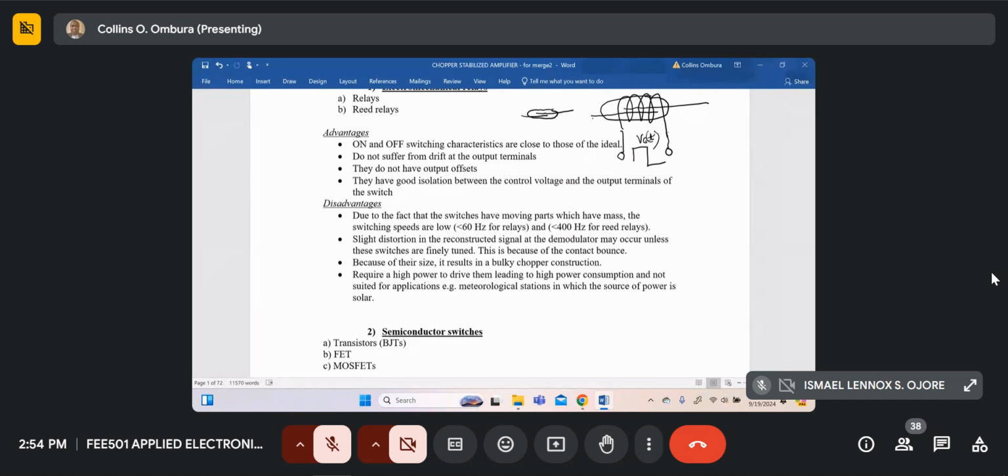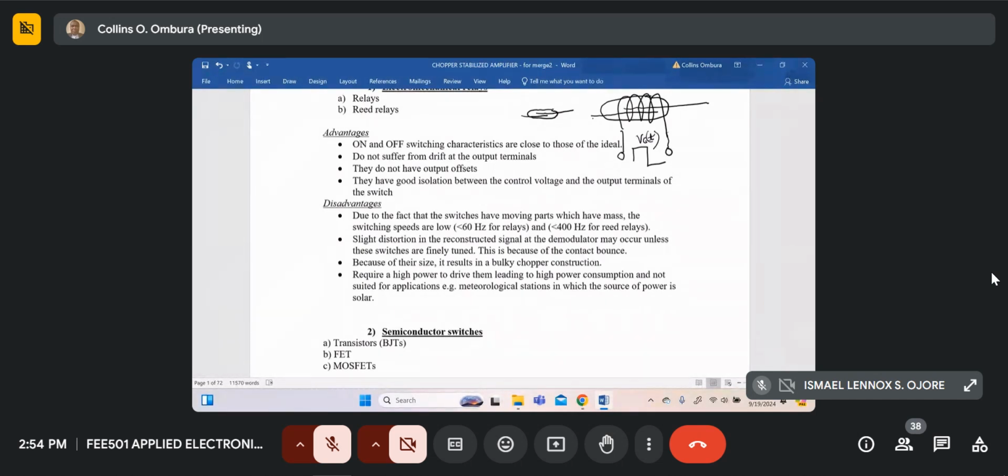Now, the disadvantages of these electromechanical switches are as follows. Due to the fact that the switches have moving parts and therefore have mass, they have low switching speeds, typically below 60 hertz for the relays, and below 400 hertz for the reed relays.